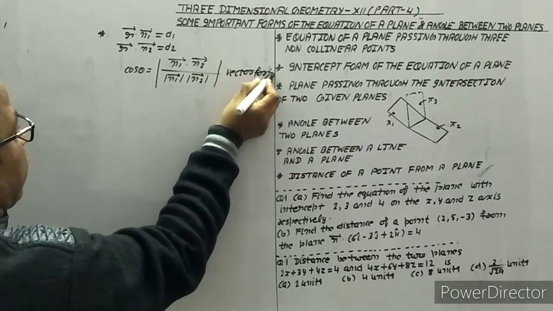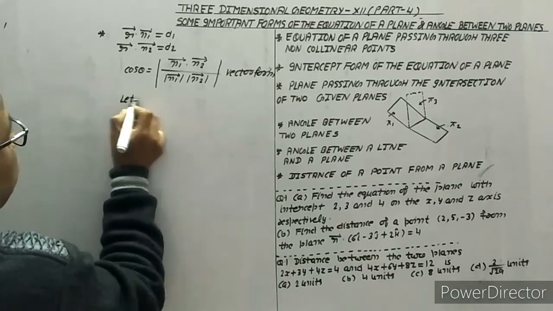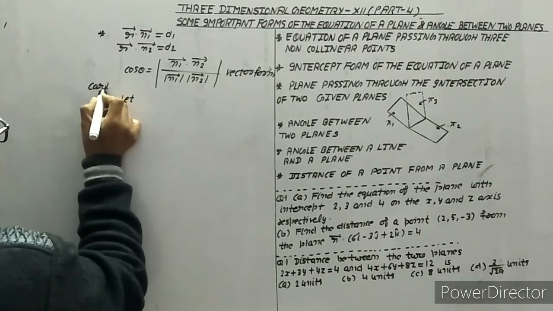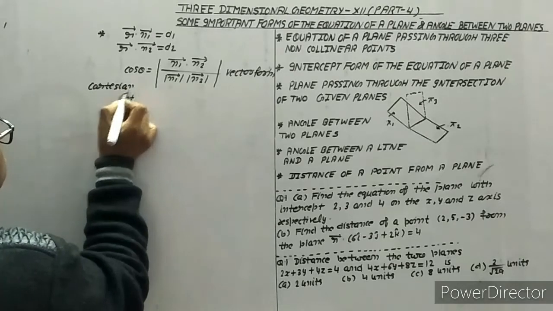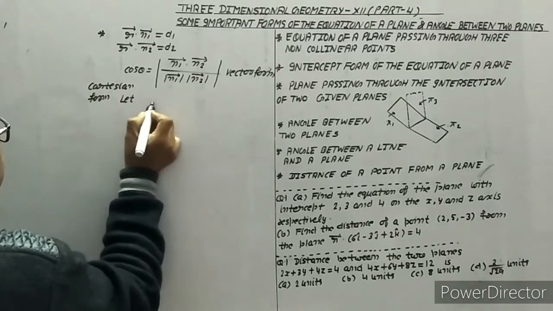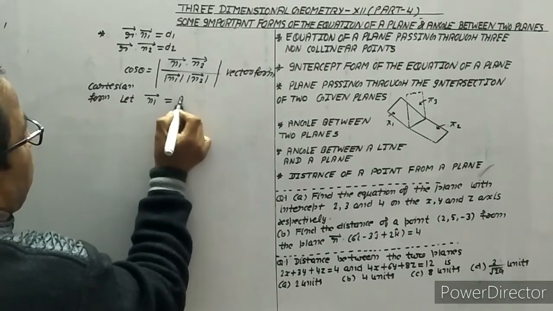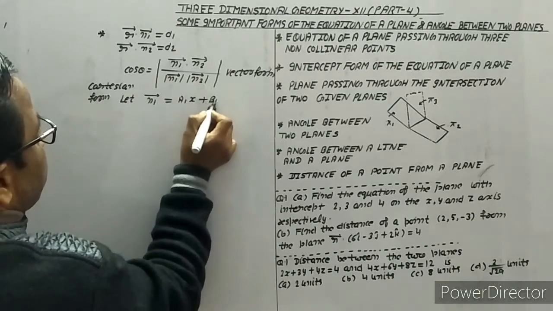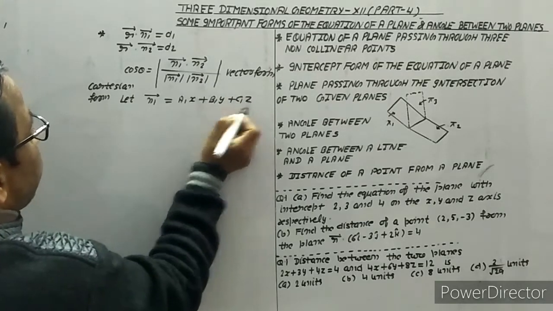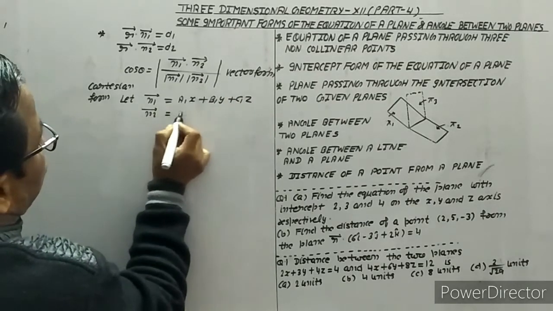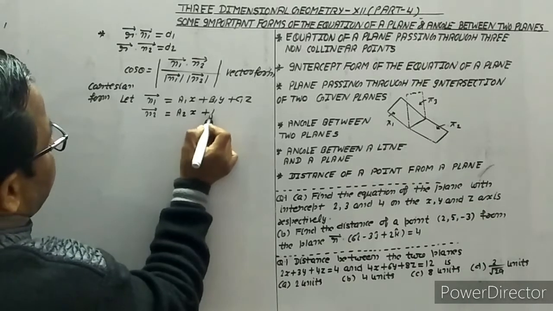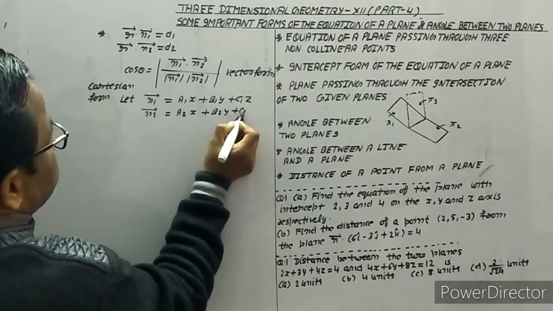Now if we have to find the Cartesian form, let vector n1 be equal to a1x plus b1y plus c1z and vector n2 be equal to a2x plus b2y plus c2z.